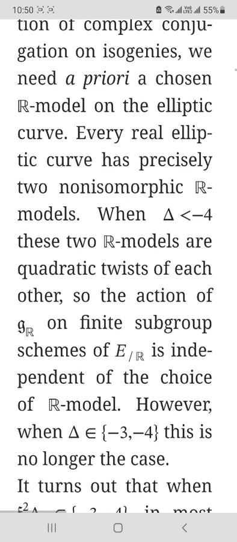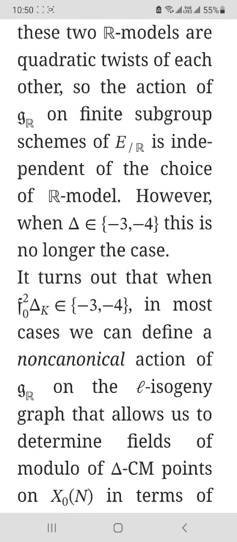However, when delta is -3 or -4, this is no longer the case, because the automorphism group is bigger than C2, that is, a cyclic group of order 2.